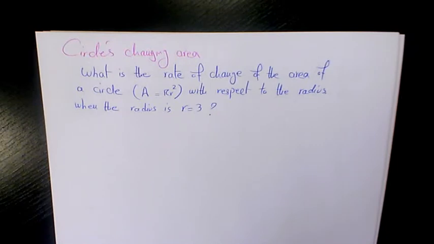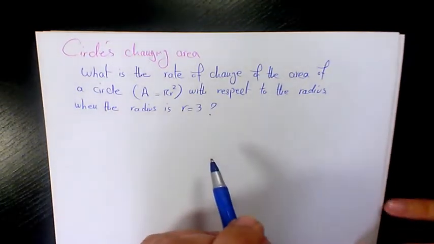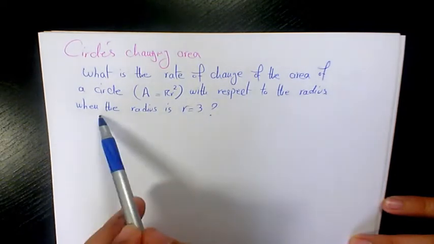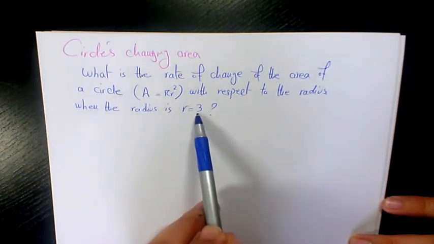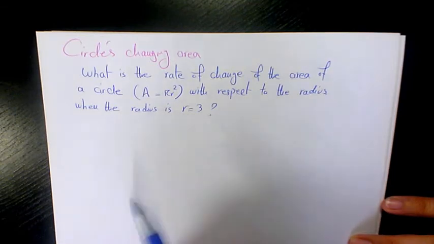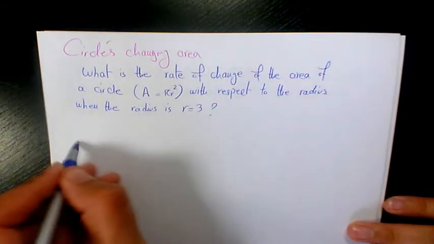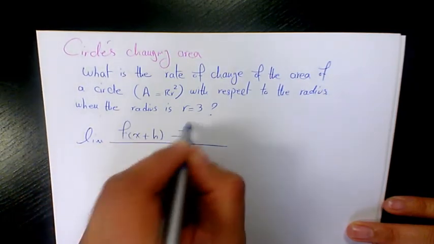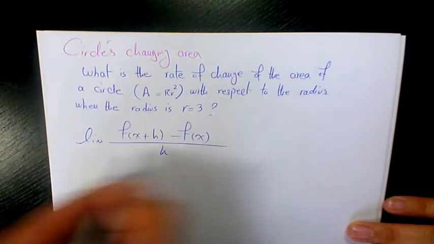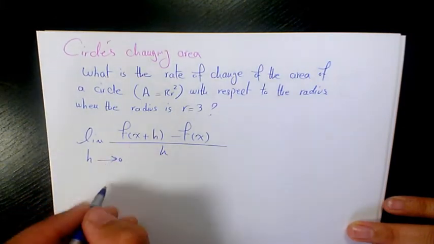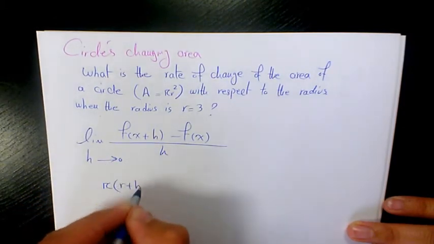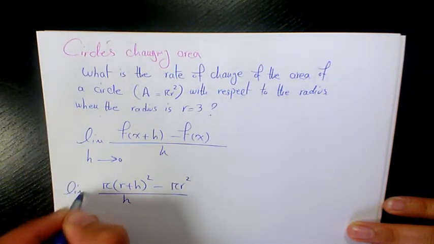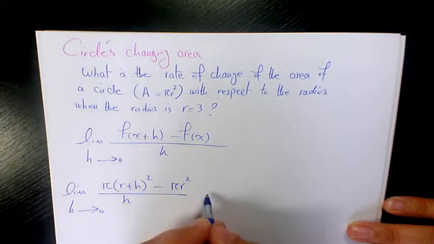Next example. What is the rate of change of the area of a circle A equals pi r squared with respect to the radius where the radius is r equals 3? So again, when you use the same formula, it's going to be pi (r plus h) squared minus pi r squared divided by h when h approaches 0.